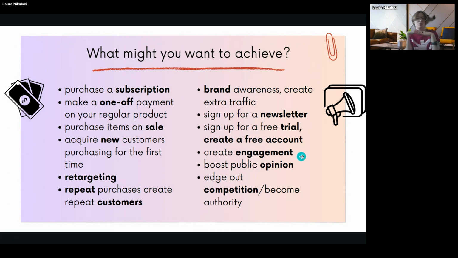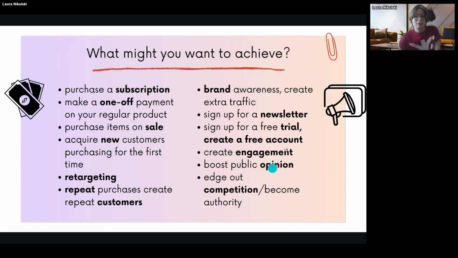So let's say, for example, you notice that a lot of people sign up for your service, but then it just kind of sits around. It just doesn't do anything, and then people just stop using your service because they don't actually find anything useful in it. Maybe you want to create engagement. Maybe you had a certain negative public relations situation and you want to boost public opinion of your brand or your product.